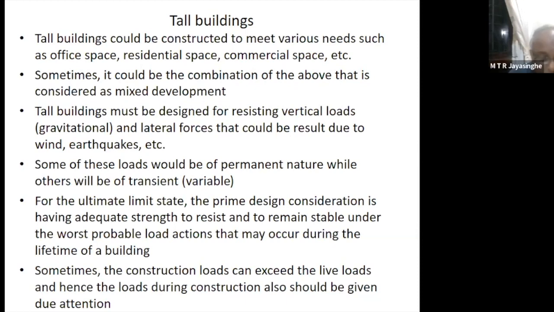So there are so many different things that are around us, and this is a challenging time. So even when you are designing a tall building, you have to be mindful about it. We should not think we are going to have enormous amount of material, unlimited supply of material. We must try and make them as optimum as possible.